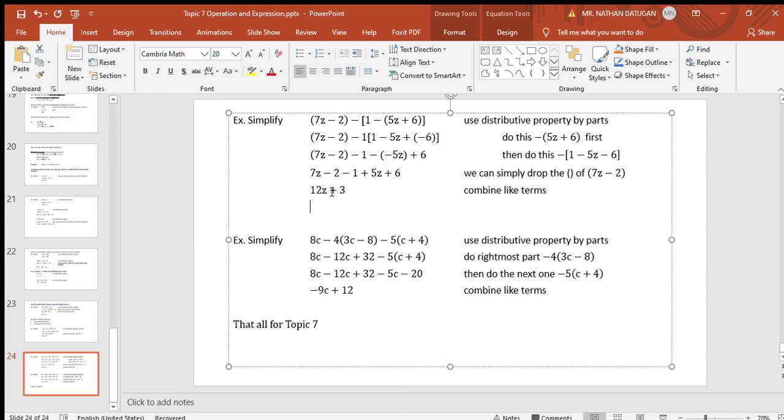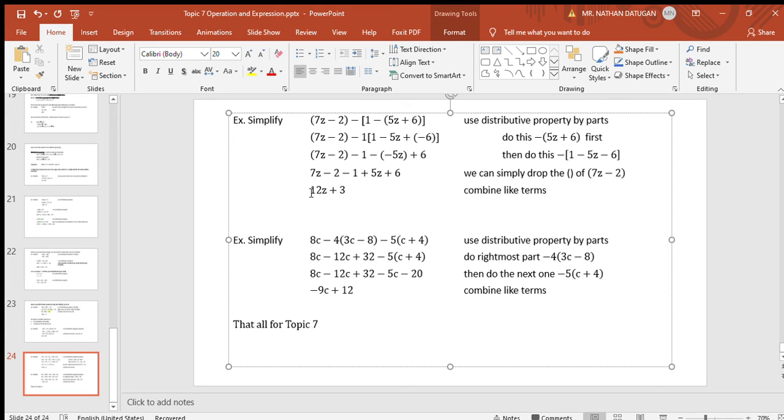Now what we do is we combine. Now that we have this, can we do any more distribution? Nope, we cannot do any more distribution. So what we finally do is combine all the like terms. In this case, 7z is a like term with 5z. So we're going to add the coefficient of 7 with the coefficient of 5 and then copy the variable part, which is z.